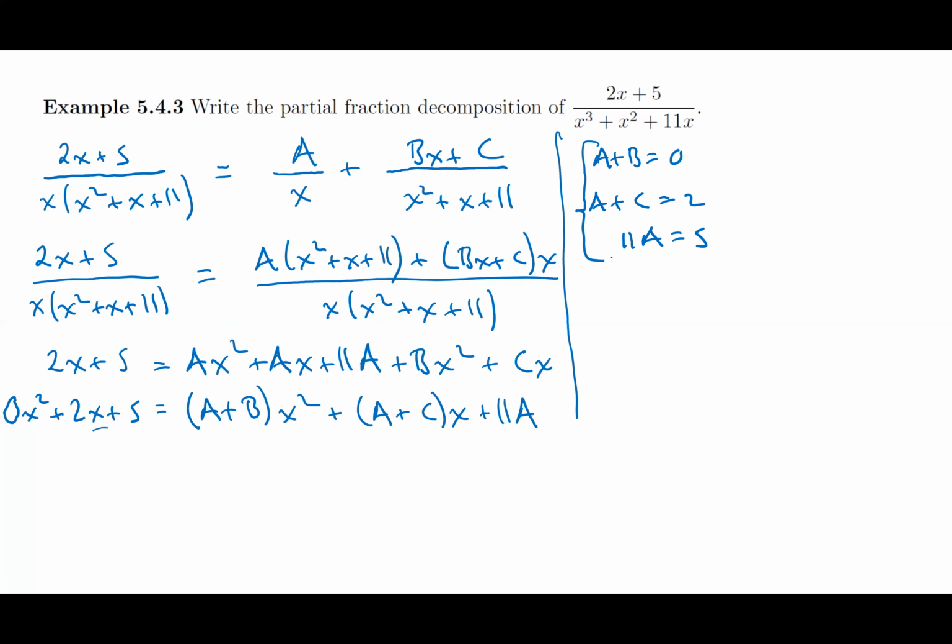Now, if 11a equals 5, then I know that a is 5/11. If a plus b is equal to 0, then b is negative a, which means b is negative 5/11.